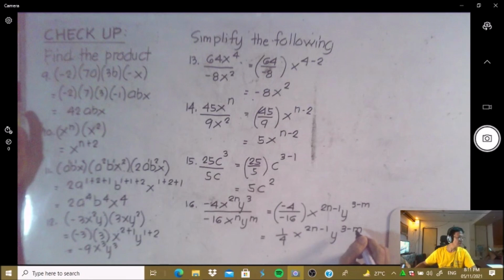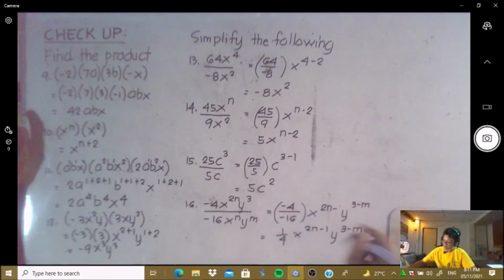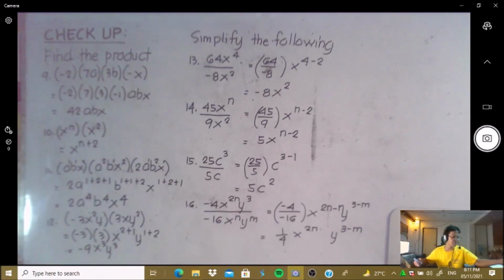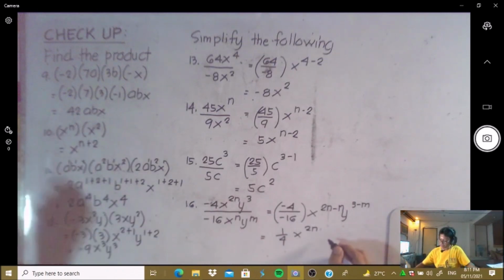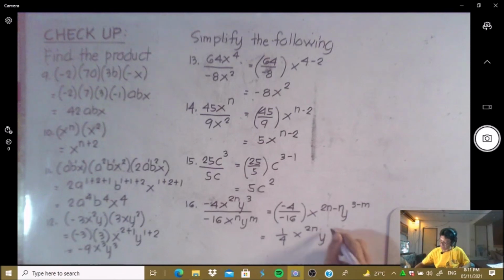So 2n minus n, this should be 2n minus n, and therefore we only have n here. So therefore our answer is 1/4 x raised to n, then y raised to 3 minus m.